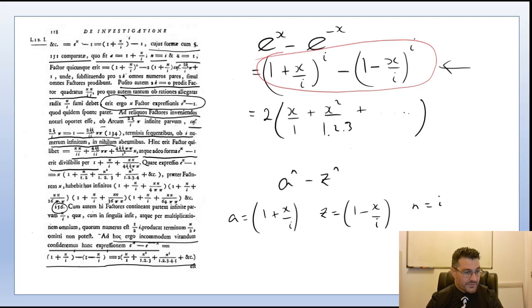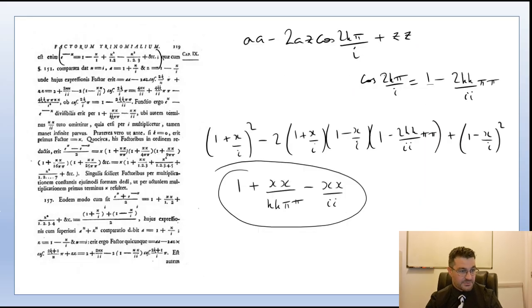Because of course you can take x out of this as a common factor, right? So exactly as previously, if k equals 0, this will reduce to a minus z squared, which is not a factor, it's a minus z.